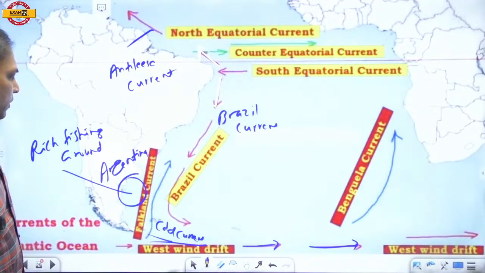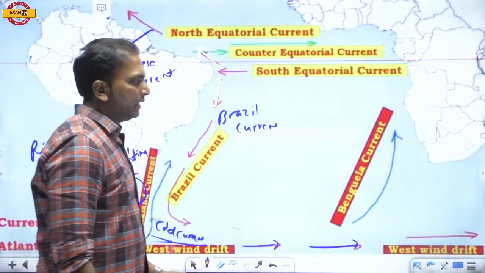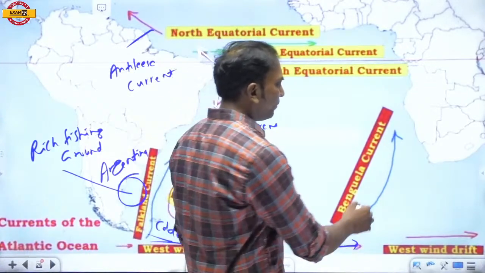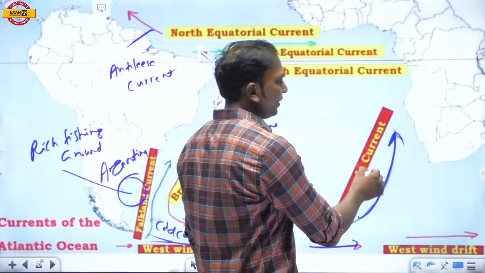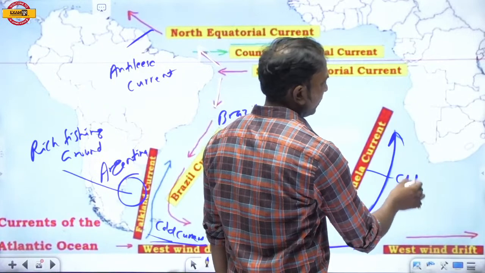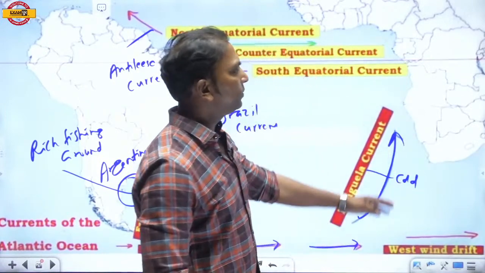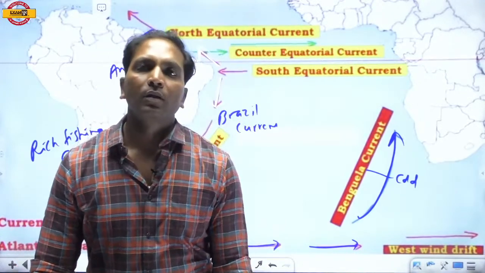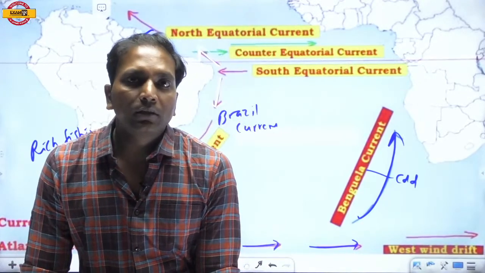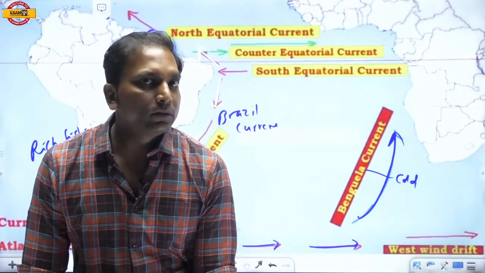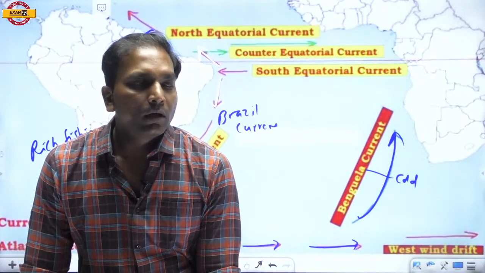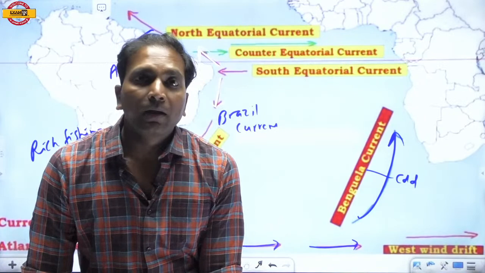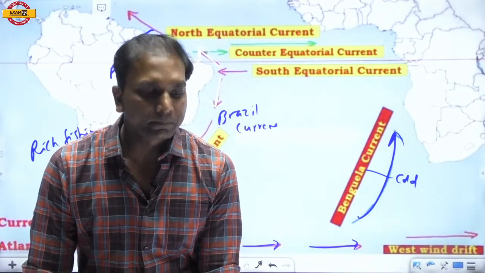And now you can see here the Benguela current. The Benguela current is a cold current. It flows near Namibia, where there is a hot desert, the Namib desert, and just close to the Kalahari desert.